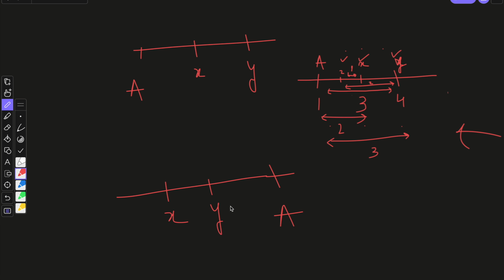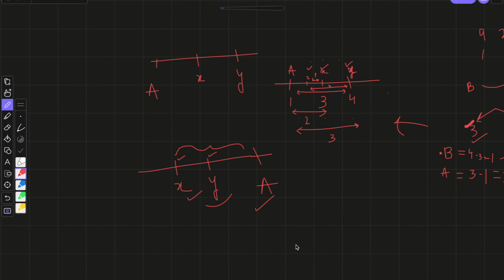In this case Bob can take any integral positions between here that will give the minimum distance. He can take X and he can take Y, and then Bob will still be closer to the prize than Alice.